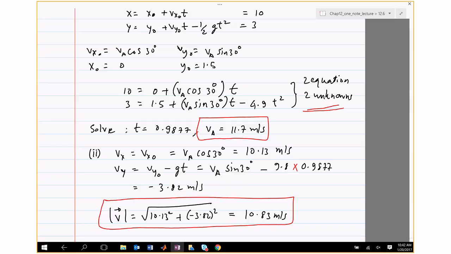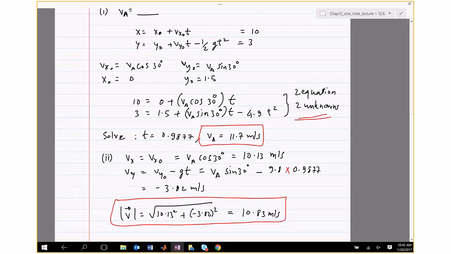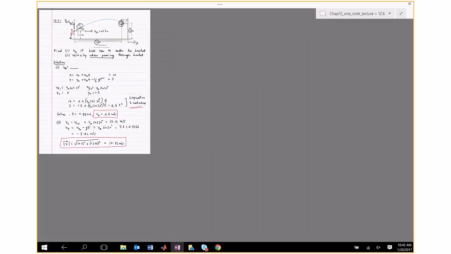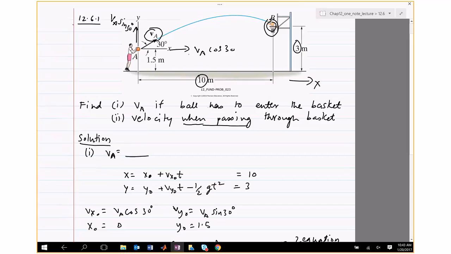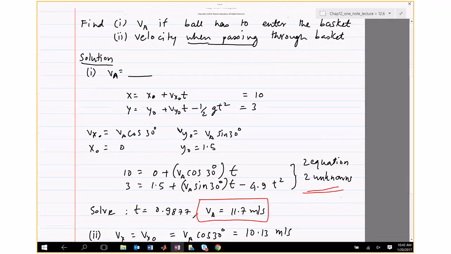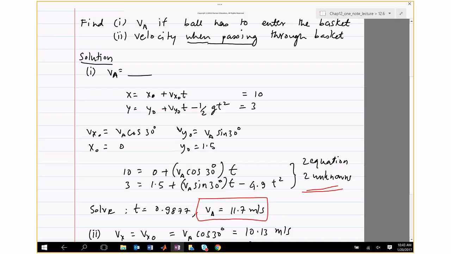So the x component doesn't change because it is just going to be whatever you launch it with, right? In this case, we launched it with a velocity of Va cosine 30, and that's what it stays. So Va is 11.7. If you do cosine of 30, which is 0.866, times that, you get 10.13. It doesn't change with time because there's no force or gravity acceleration acting in the x direction. As simple as that. Okay, any other question?